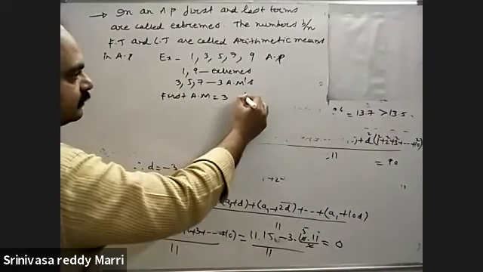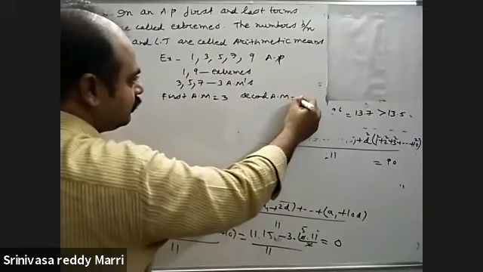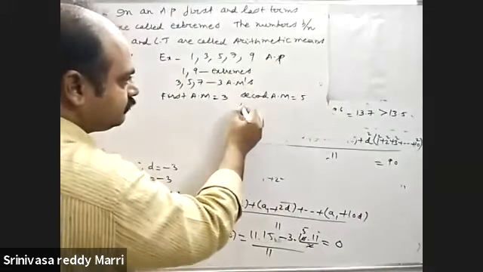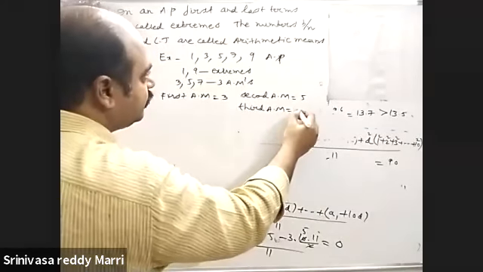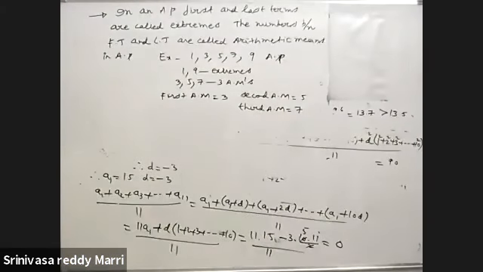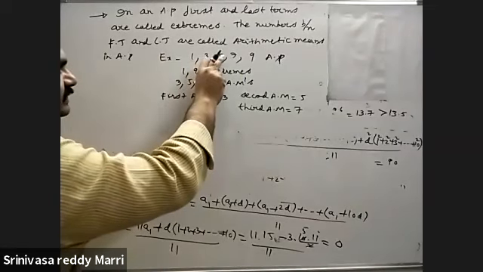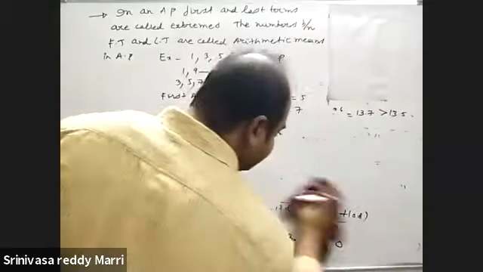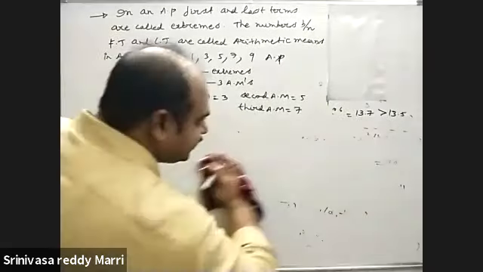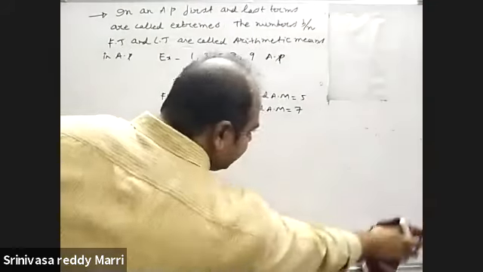First AM equals 3, second AM equals 5, third AM equals 7. Like that they have names. So right from the beginning, the first AM is this, the second AM is this, the third AM is this. Whenever the numbers are in AP, the first term and last term are called extremes of AP, and between the first and last term, whatever the numbers are there, they are called arithmetic means in AP.